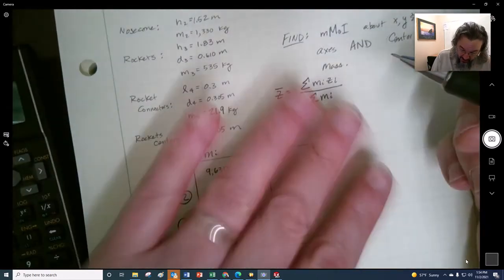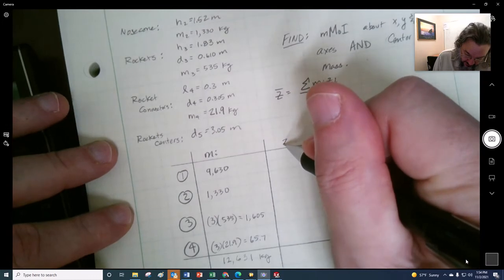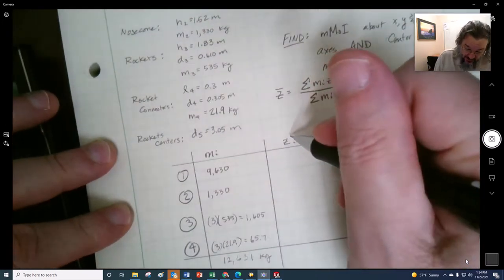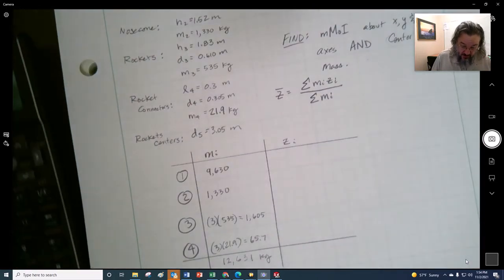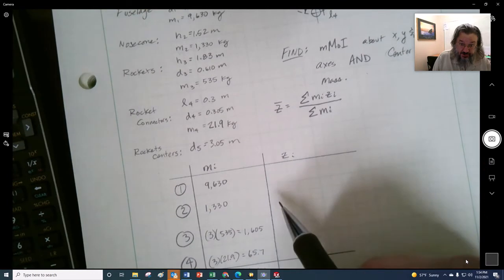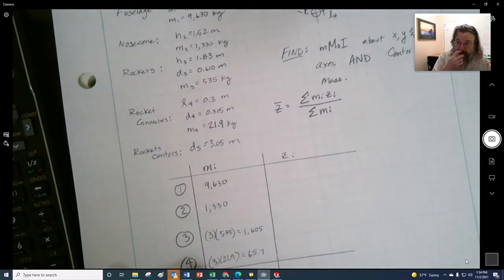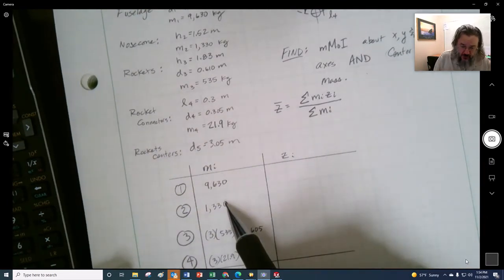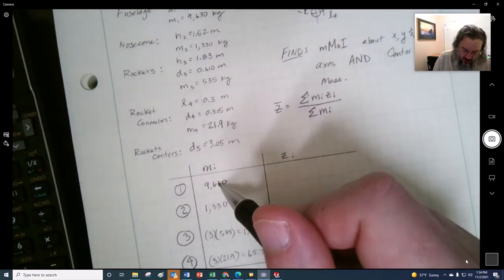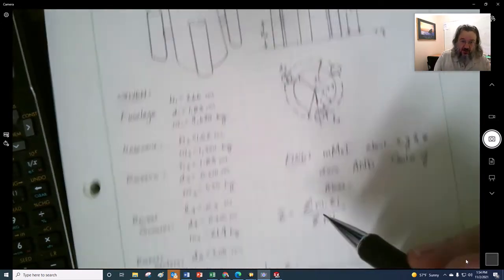Okay, now we need to find the z of each of these, right? We could even say it with the z bar. It's the location of them. Well, some of them are going to be pretty easy to do. I think most of them will be easy to do. It's actually the nose cone is the only one we're going to have to look up. So this one is just going to be 1/2 the height of the thing, right?